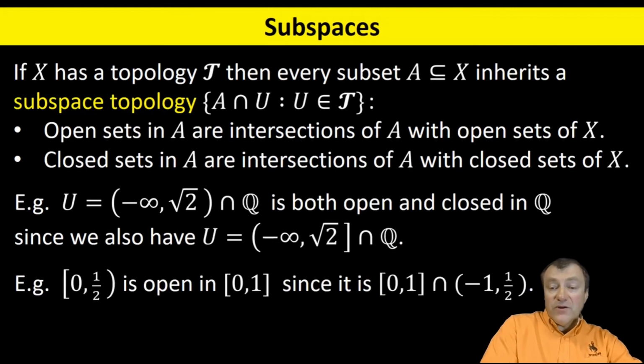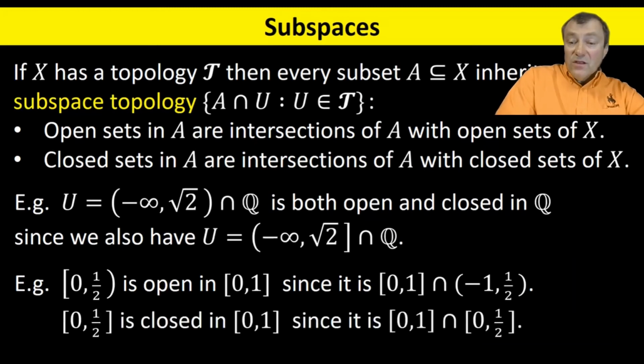Similarly, a couple more examples. Let's look at the closed interval [0, 1] as an example of a topological space. It's a subspace of the reals. In this space, the interval [0, 1/2) is an open subset of the closed interval [0, 1], because it's the intersection of our space [0, 1] with an open interval in the reals.